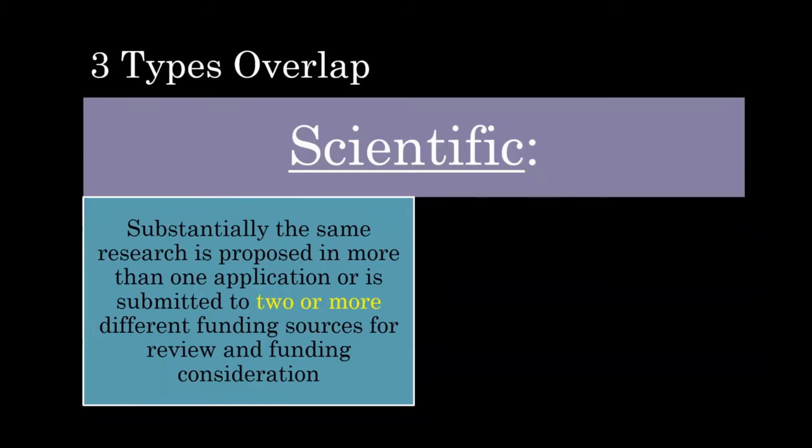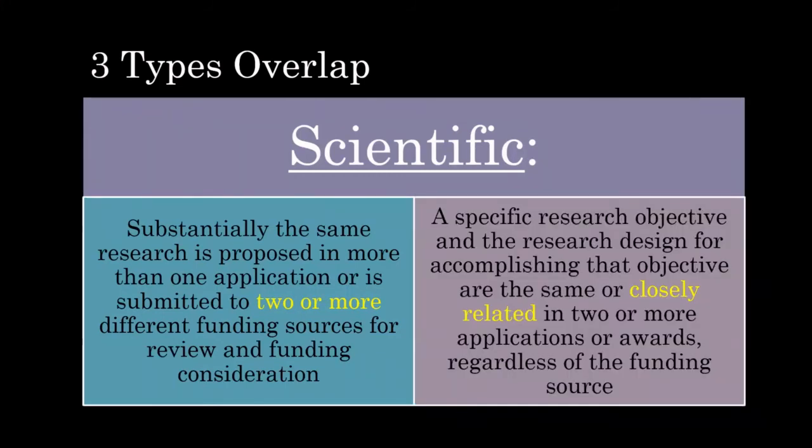The definition of scientific overlap is when substantially the same research is proposed in more than one application or is submitted to 2 or more different funding sources for review and funding consideration, or a specific research objective and the research design for accomplishing that objective are the same or closely related in 2 or more applications or awards, regardless of the funding source. Like I mentioned before, scientific overlap always needs to be confirmed by the PI, and he or she needs to justify that scientific overlap.